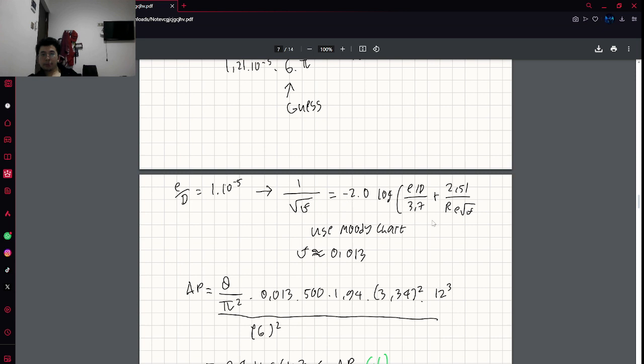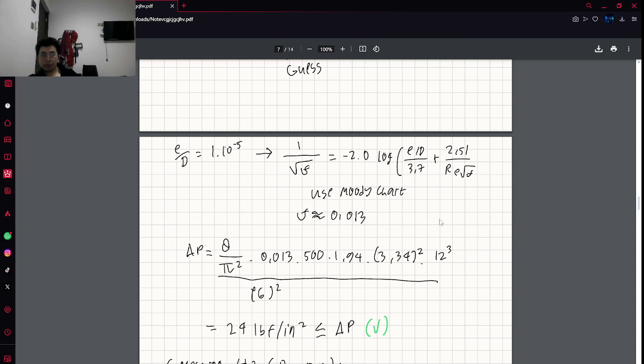And then we get to this part right here. Basically you can use these calculations, or we can just read it from the Moody chart, we get to this point right here.